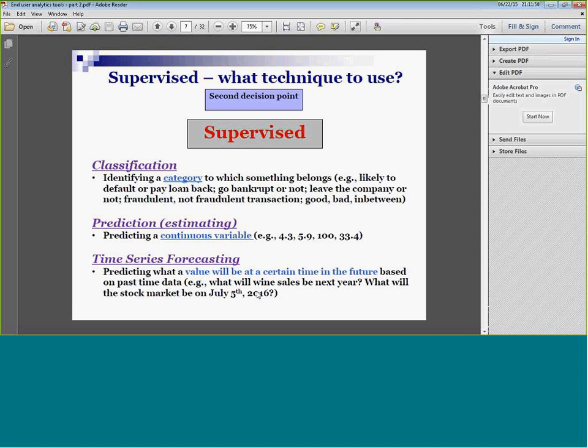If you're trying to put something into a category, your target is a category: high, medium, low, will pay back, won't pay back, pay back on time, pay back late, pay back never, and so forth. Then you have a classification model. It doesn't have to be binary, by the way.